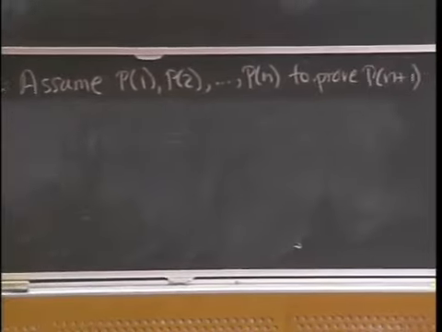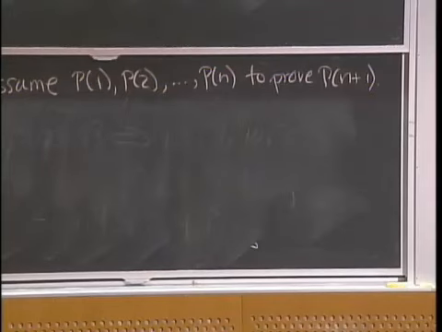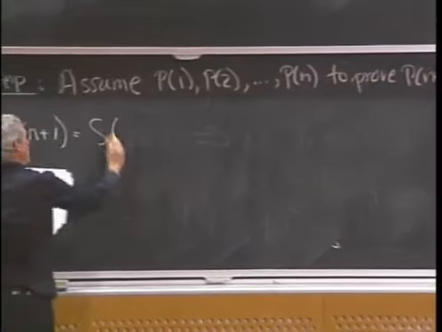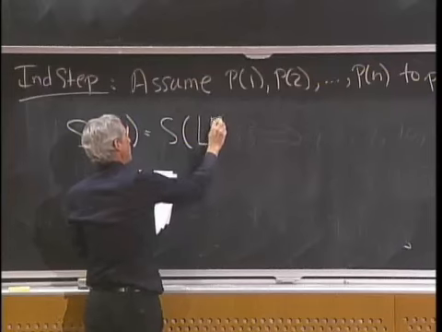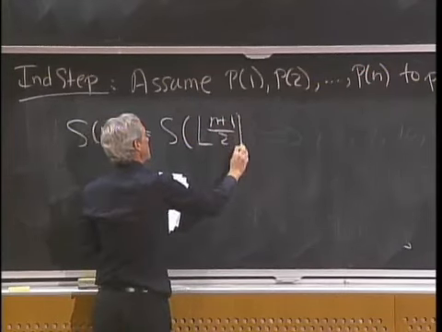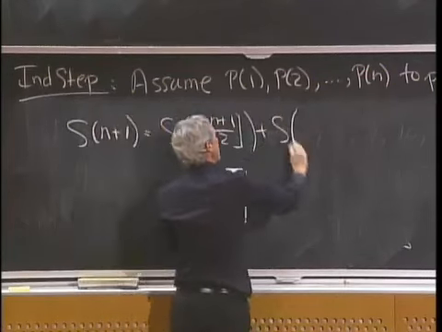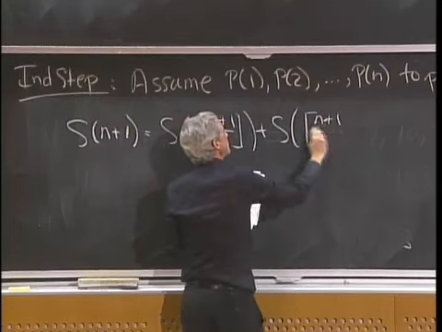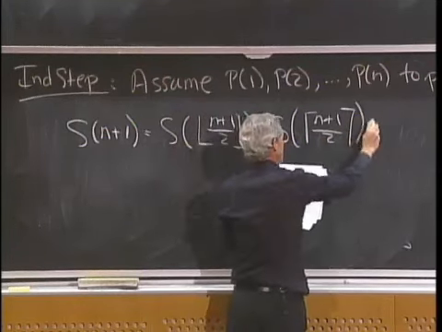And then we look at the n plus first term. That equals S of floor of n plus 1 over 2, plus S of ceiling of n plus 1 over 2, plus 1.